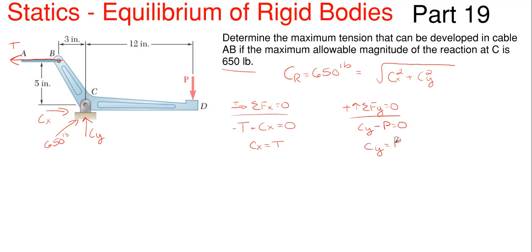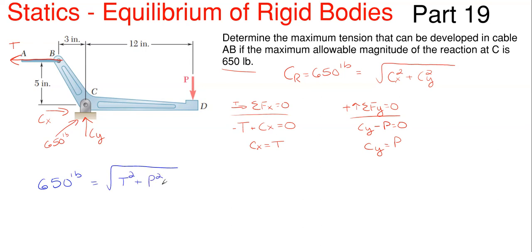Thus, C sub Y is equal to that unknown P force. So let's go ahead and plug in our tension and our unknown P force into our C sub R equation, and we end up with this. So we would have 650 pounds is equal to the square root of T squared plus P squared.